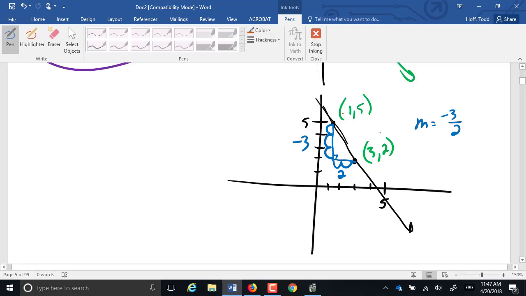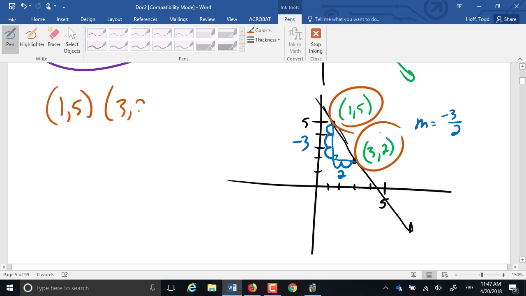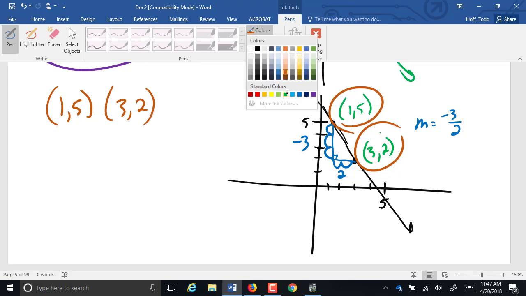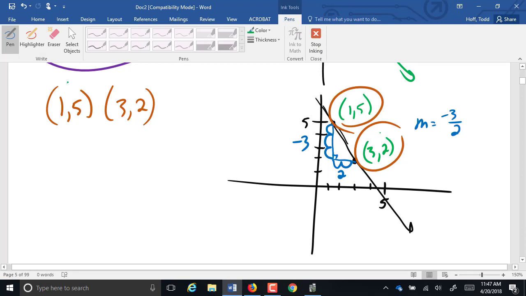Well, we also looked at what if we didn't draw it on the graph? What if we just had those points, 1, 5, and 3, 2, and I wanted to find the slope? Well, we labeled them points 1 and 2, and our slope formula, M, which is slope, was y2 minus y1 over x2 minus x1.